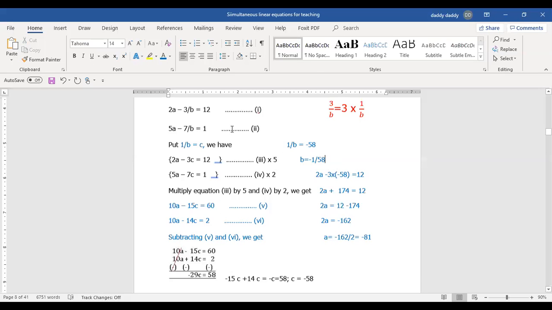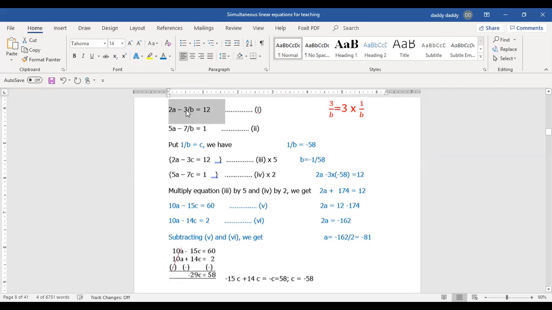Now, please see equation 1. What is equation 1? Just read it out. 2a minus 3 upon b is equal to 12. So I'm going to put the value of B in this. I've selected this equation. So 2a is written as 2a only. You see this blue part. Minus 3 upon B. I've copied minus as it is.